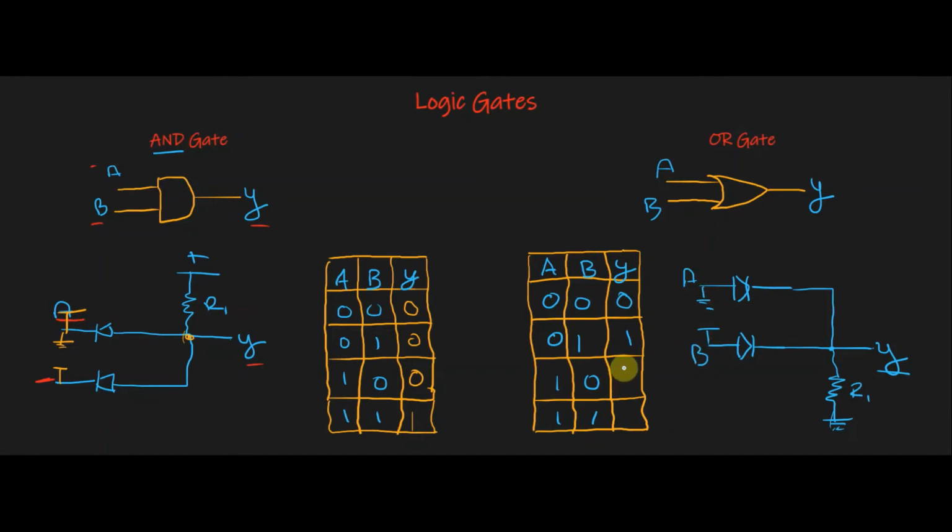We're just putting a high here and a low here, so that's also going to be a 1. But then in the last one, if we take them both high, we will have a high here, a high here, and a low here. With this isolator, that will make my output high. So that completes the truth table for the OR gate.